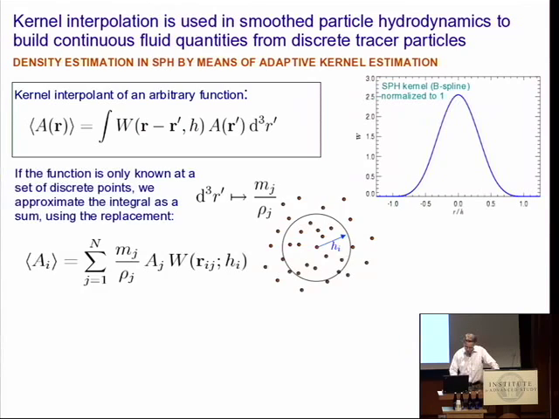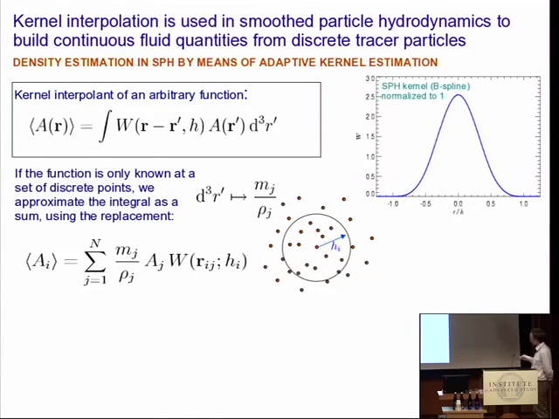Now the idea is that you use that to construct so-called kernel interpolants from the particle coordinates that you have. So you have here somewhere in space a set of particles, and known at the particle coordinates you have this field A, right? So this will be our values A_j.